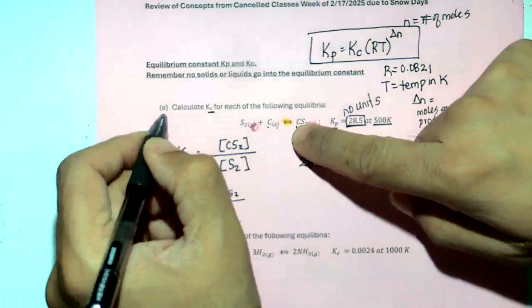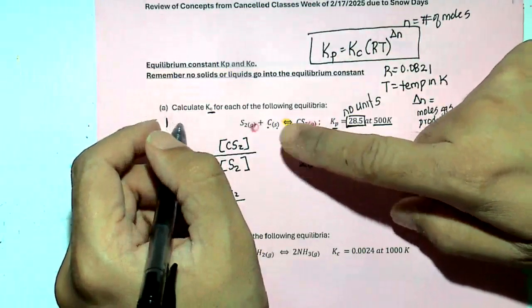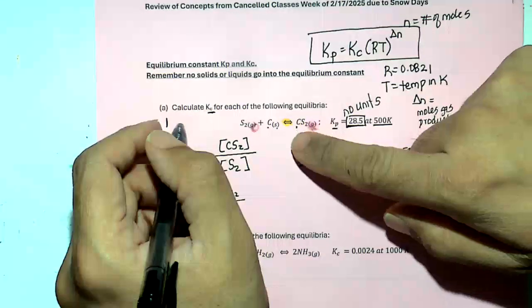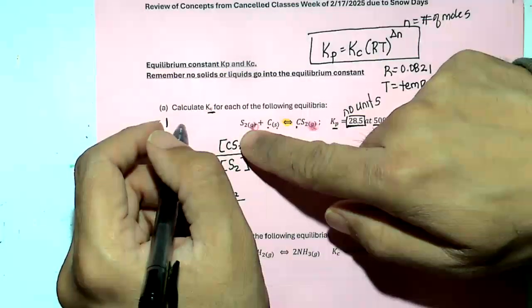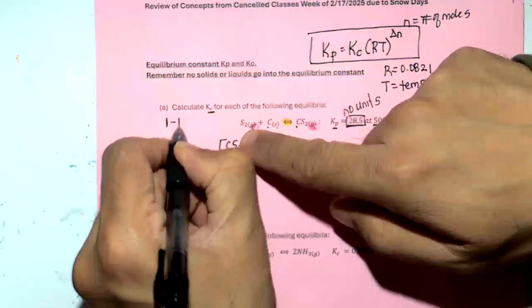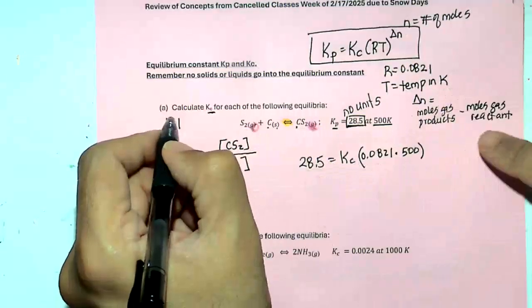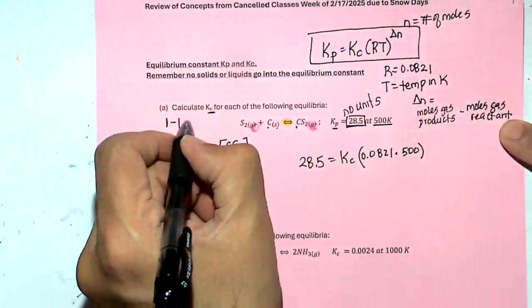1. So 1 gas. That's the number of gases in the products minus the number of gases in the reactants. How many gases do we have here? 1. So we have 1 mole of gas in the product minus 1 mole of gas in the reactant.